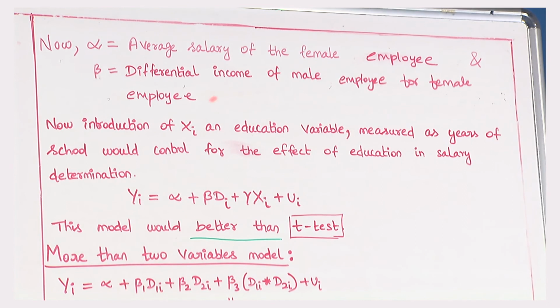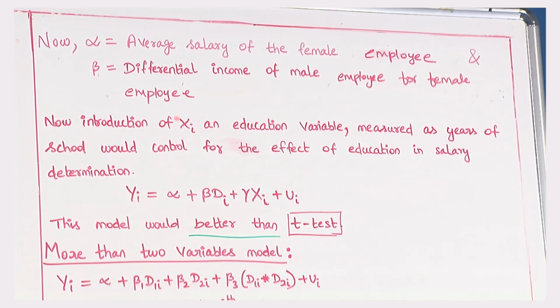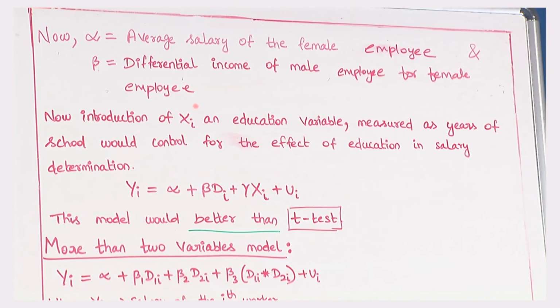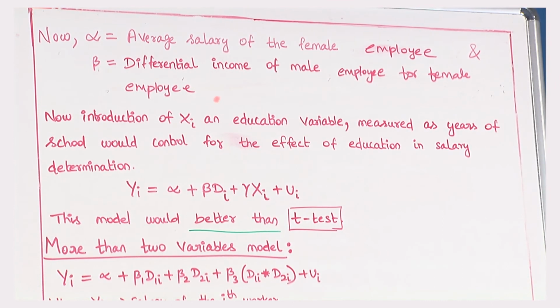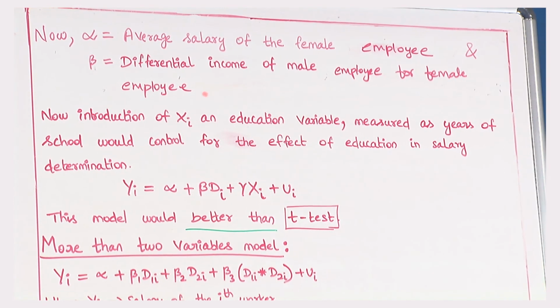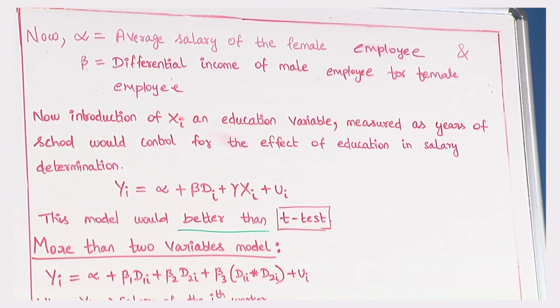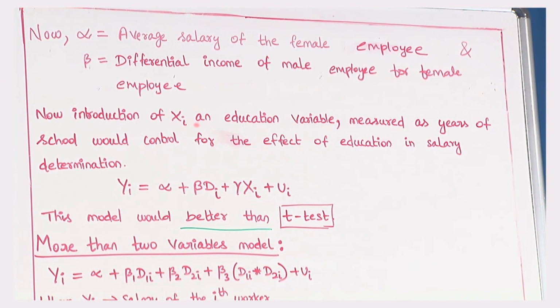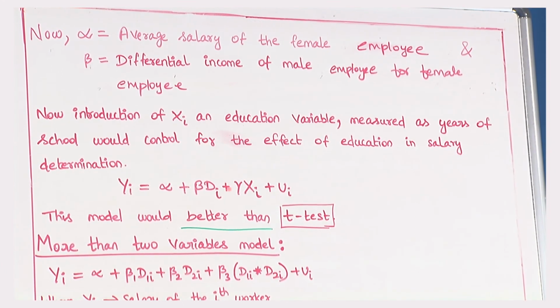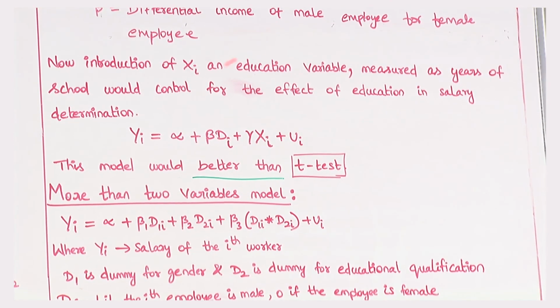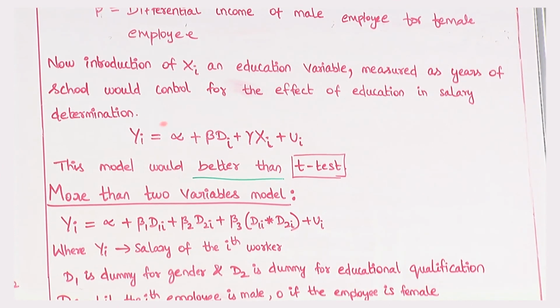Otherwise, if you remove the educational differences of the employees, the differences in salary can be taken as the discrimination of the female employee. So, in such studies, the additional effect can be removed using the introduction of additional independent variables. So, now in this example, the introduction of the education variable will give the model like this.